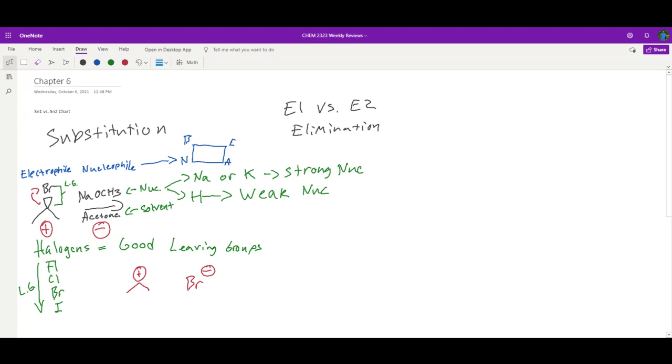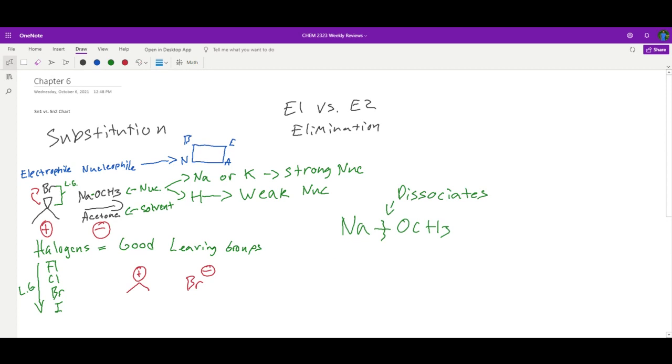So when my bond between sodium and OCH3 dissociates, that's the term we're going to use. So when this dissociates, okay? Dissociates obviously means separation.